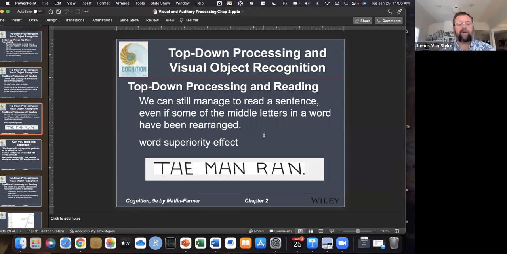This is known as the word superiority effect. Our definition or understanding of what the word is and what it means has a top-down influence on the representation of each of those words.